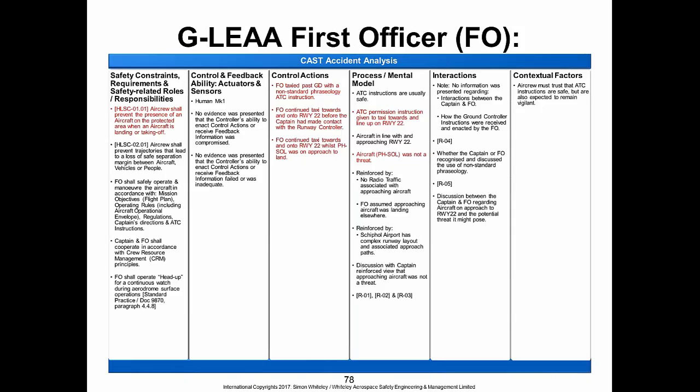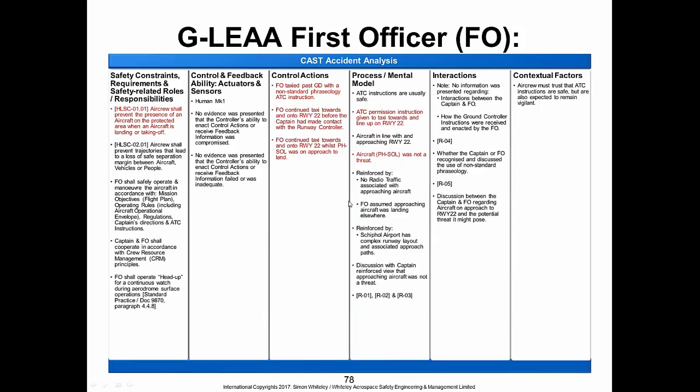And there's also no evidence presented in the incident report that the controller's ability to enact control actions or receive feedback had failed or was inadequate. So when the first officer was looking out the window and saw the approach of P8 Sol, there was no mention about whether he had issues with his eyes or whether he wasn't wearing his glasses if he needed glasses, for example.